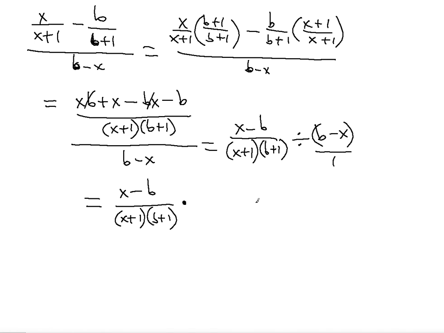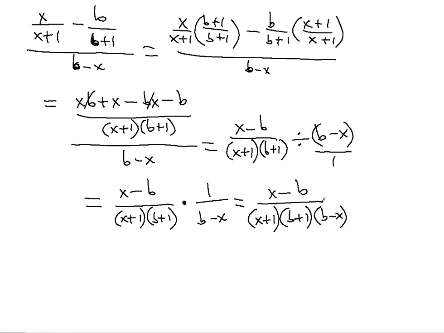So let's just write over 1 there. We're going to flip it, because we're multiplying. So it's going to be 1 over b minus x. Now we're going to have x minus b over x plus 1, b plus 1, and b minus x now added to the denominator, right? Because we're multiplying the denominators and the numerators when we're multiplying fractions.